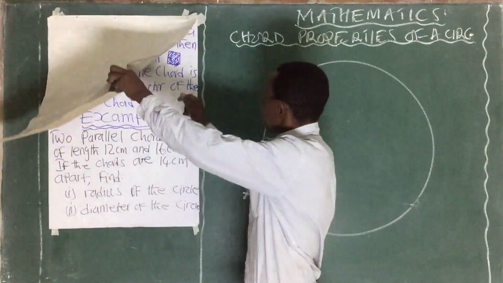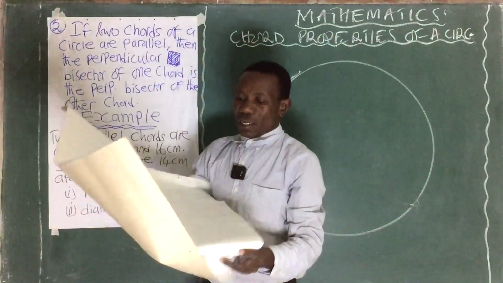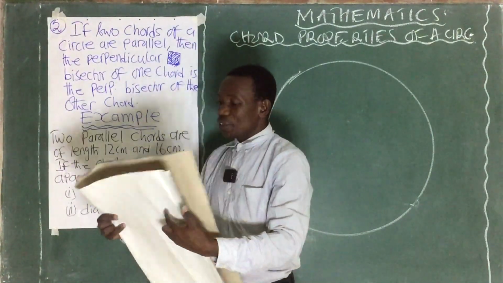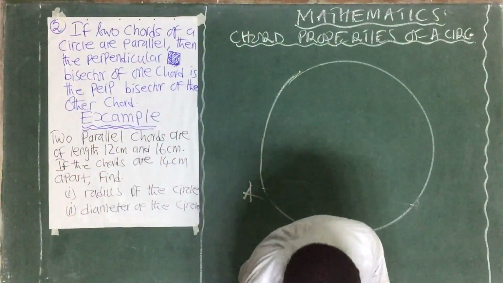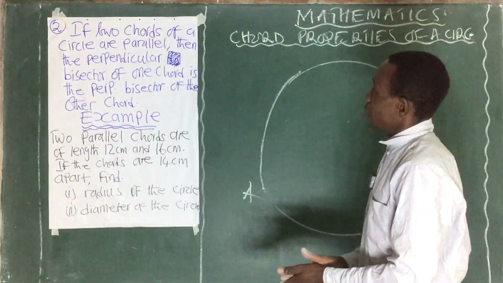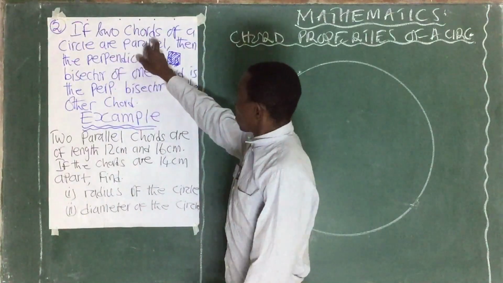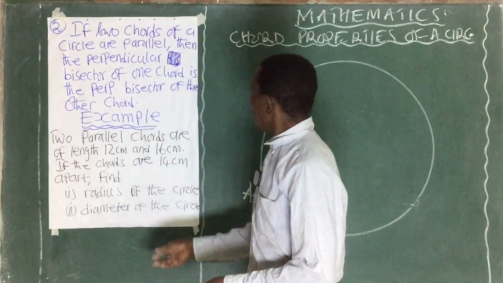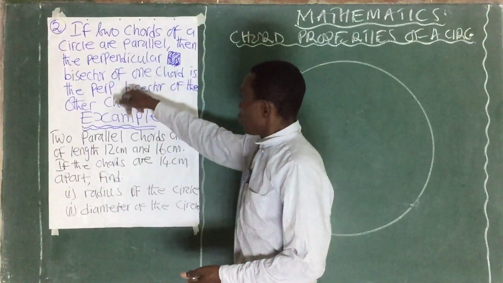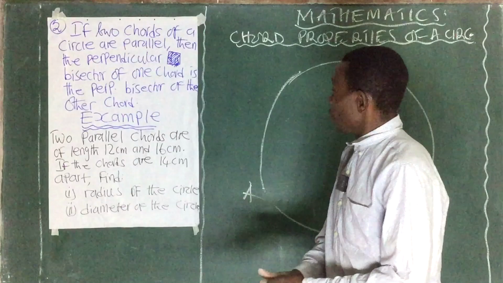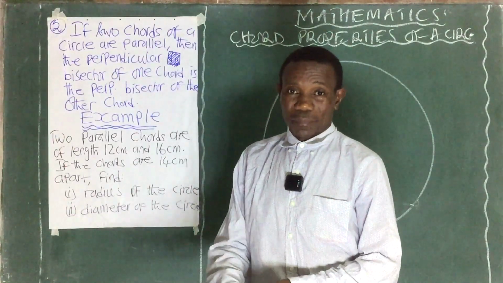This is about the bisector of one chord, and how it is related to the other chord. Look at my chart. If we have two chords of a circle that are parallel, then the perpendicular bisector of one chord is also a perpendicular bisector of the other.